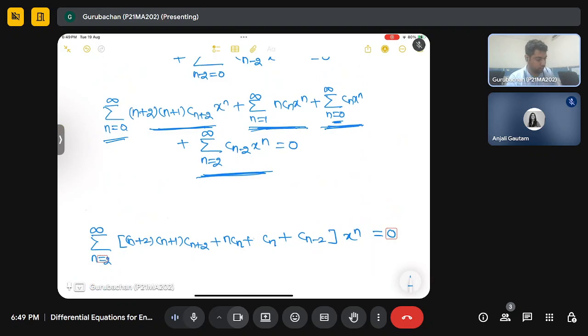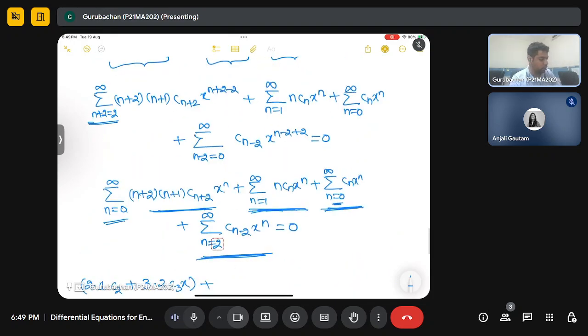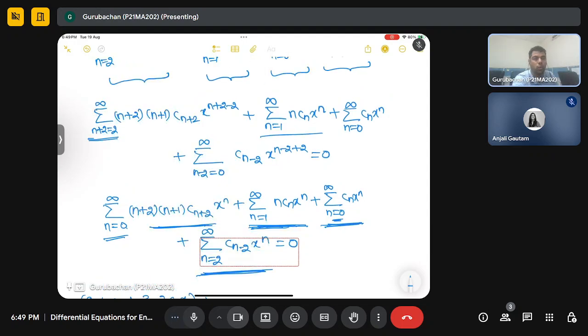Our first term will be from when we put n equal to 0. This will give you 2 into 1 c2 x to the power 0, plus the next term when n equal to 1. This will be 3 into 2 c3 x. Okay, and here let me just check this also. We did not replace anything in this expression, so we don't need to check it here.